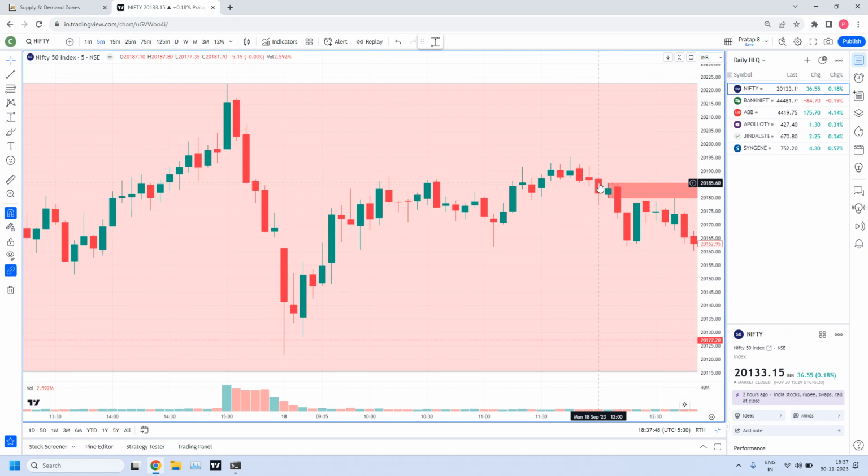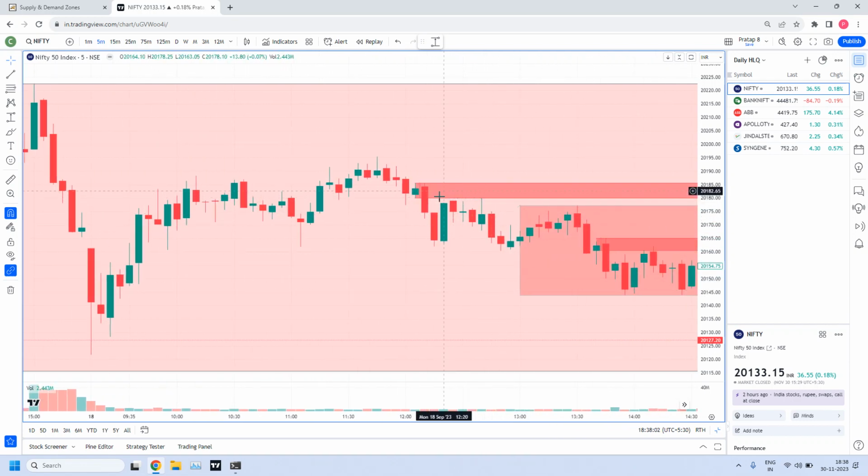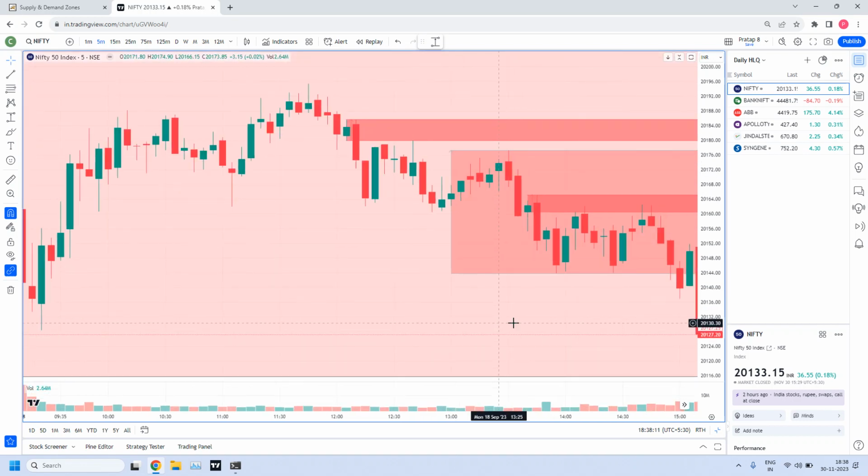See, we have a leg-in candle, base candle, and then again a drop candle. Previously there was rejection, when prices were just about to reach it, and this bull trap is available just above the 75-minute zone.